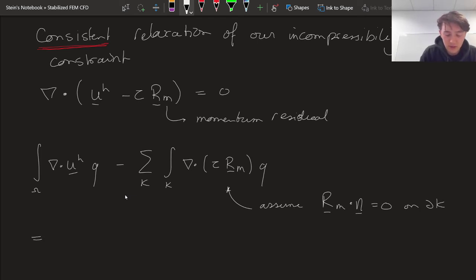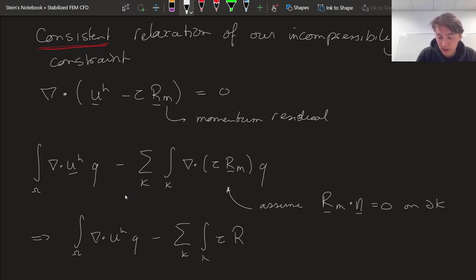Then that becomes the same thing as the integral of the divergence of u_h times q, minus the sum over the elements of the integral over the elements of tau times the residual R_m times the gradient of q.